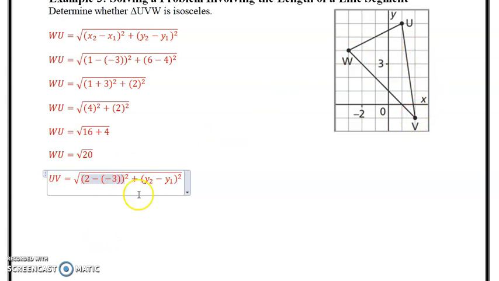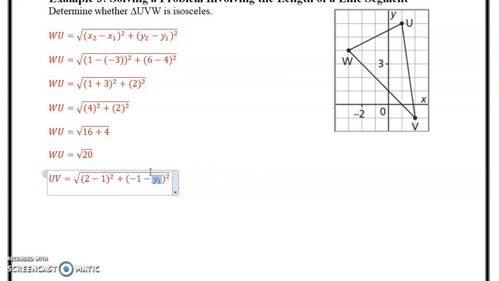And your y value is negative 1 minus, oh, we're doing U, sorry, I did W there, my bad. That would be 1. I do apologize, and I don't need the brackets, obviously, so it's just 2 subtract 1. My apologies. And negative 1 subtract 6.